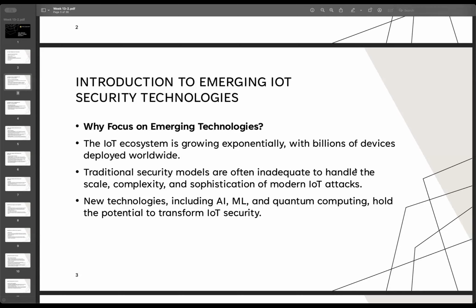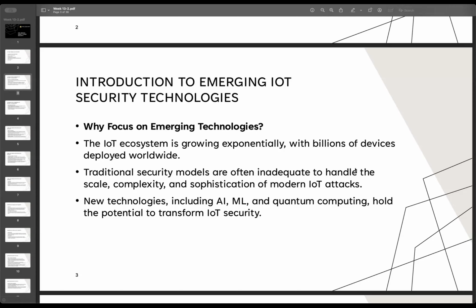Okay, why do we need to emerge all this technology when we're learning? Because when devices expand exponentially, with maybe billions of devices deployed worldwide, traditional security models are often inadequate to handle the scale, complexity, and sophisticated models of IoT attacks. So one of the key ideas I tried to put in the lecture is: why add all these new techniques, rather than teaching based on pretty old standards or the old architecture?